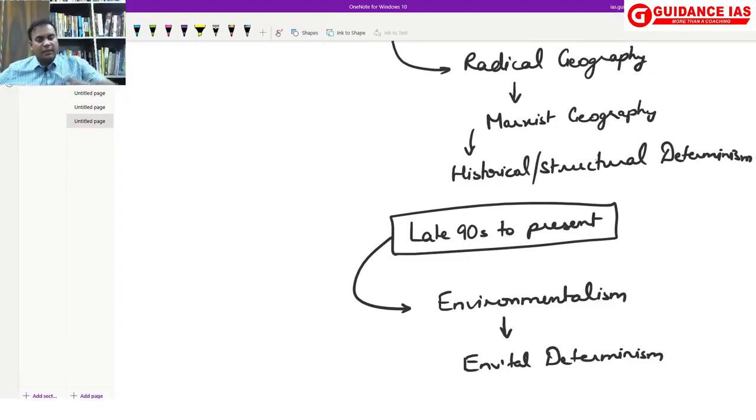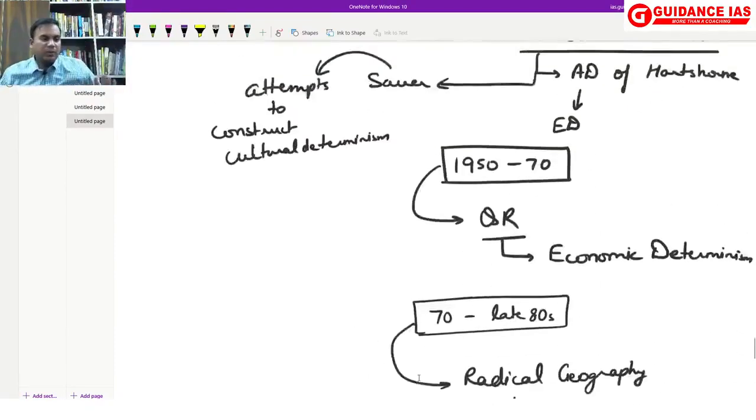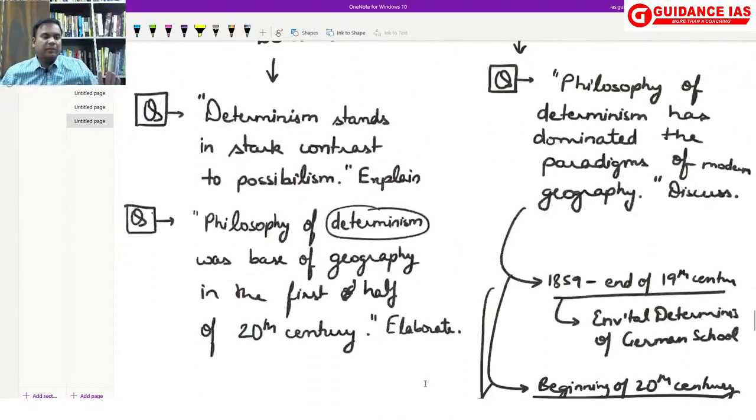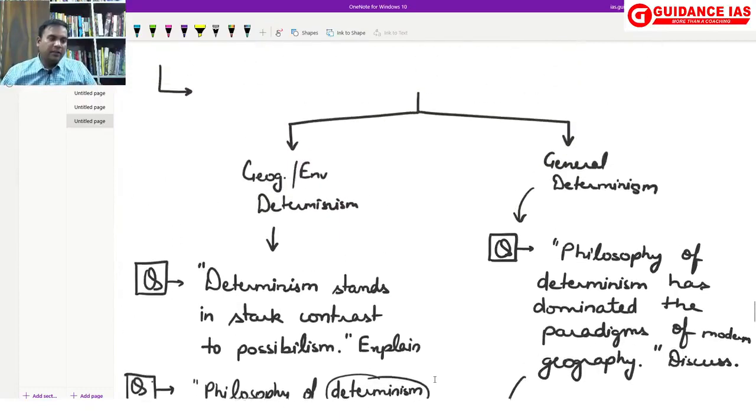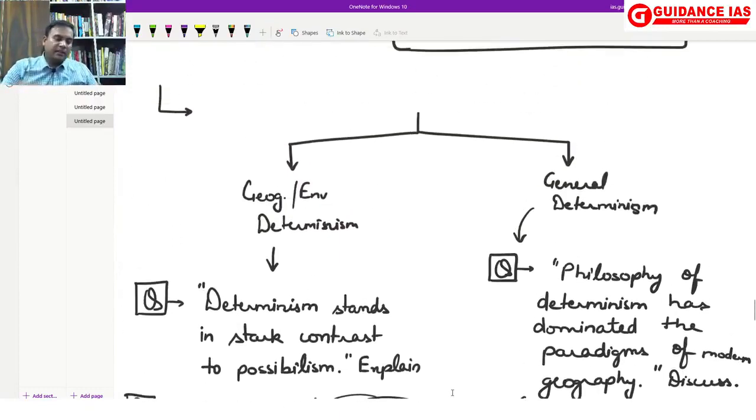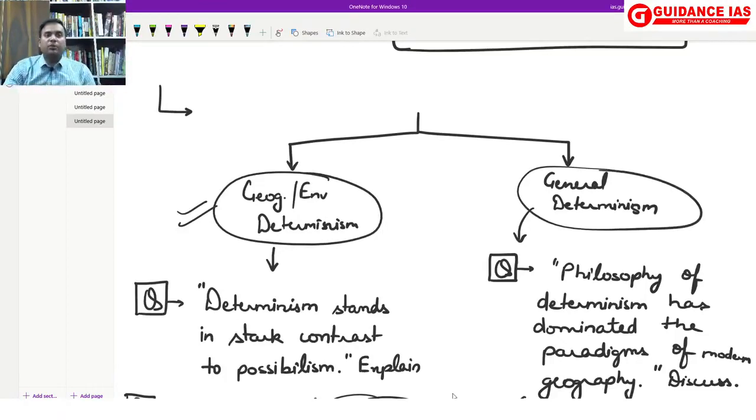ठीक है. So can you see, when the question was different, I interpreted the question in a different manner. When I am reading the question in the exam, I will read "determinism" and try to find out what type of meaning the term carries, whether it is the restrictive form of determinism normally used in geography as geographical or environmental determinism, or whether the word has been used more broadly. ठीक है.